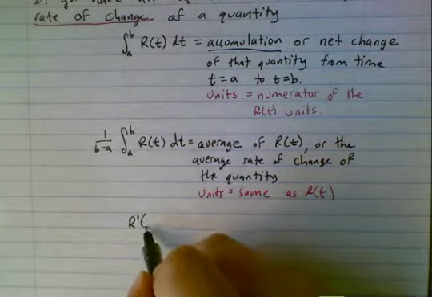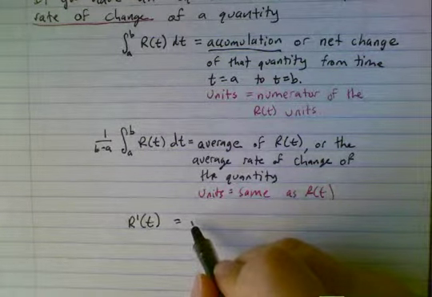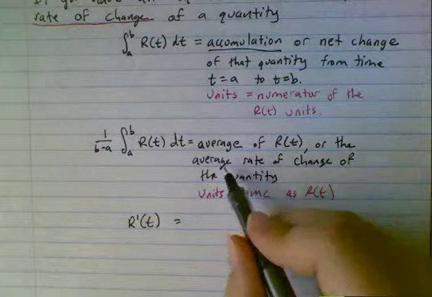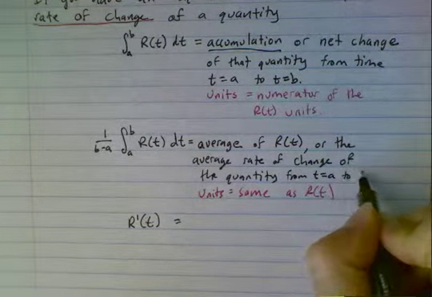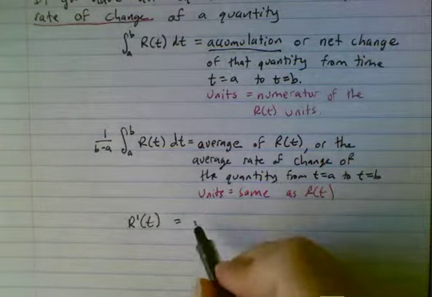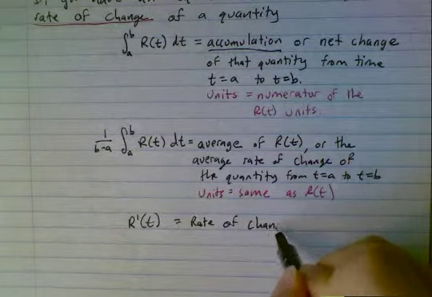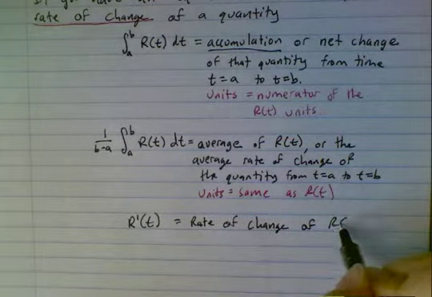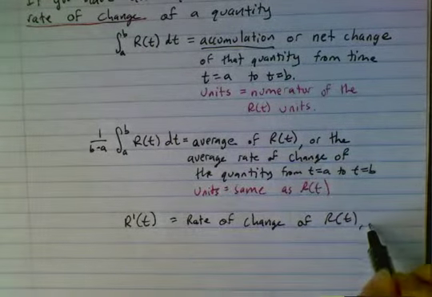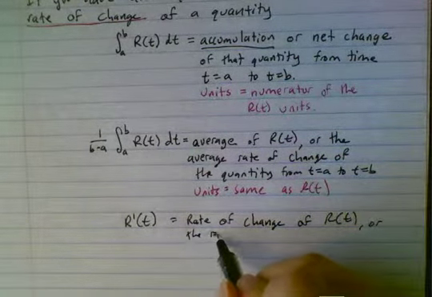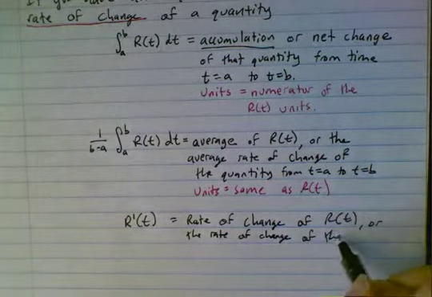And finally, R prime of t. I should put in here average rate of change of the quantity from t equals a to t equals b, same as up there. R prime of t is the rate of change of R of t, which gets a little bit long when you think of it as the rate of change of the rate of change.